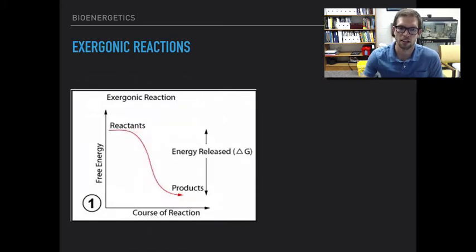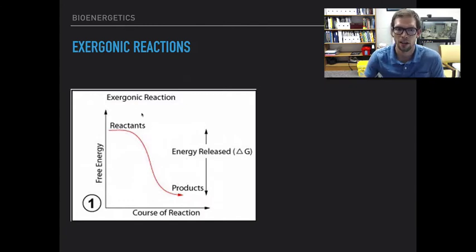Now this energy is going to come from the solar energy that we capture via photosynthesis. Exergonic reactions, on the other hand, release energy. So you're going to have a negative delta G in this case, with the reactants starting at a higher energy than the products. Breaking down glucose, for example, is going to release energy. So if you break down glucose to carbon dioxide and water, what's going to be released is going to be usable energy that the cell can use to run other reactions. Now you can actually combine endergonic and exergonic reactions.